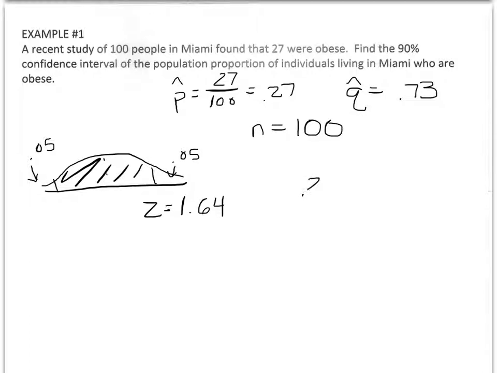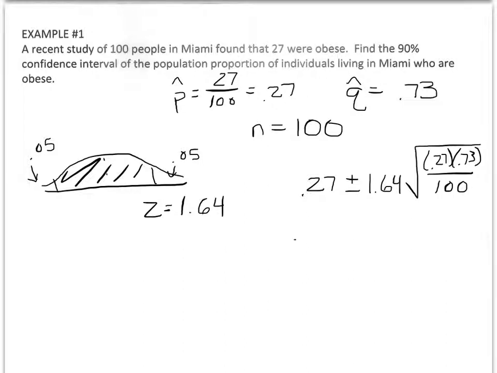Well, now I'm going to put my statistic down, plus or minus my z-score, times my standard error, which is my p hat value, times my q hat value, over my n. When I put this all together, it's going to give me 0.07, which is my margin of error.